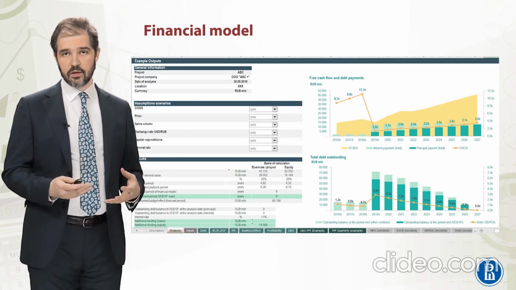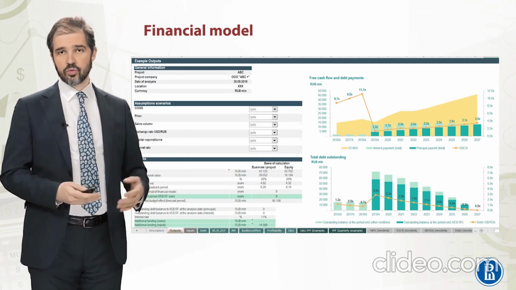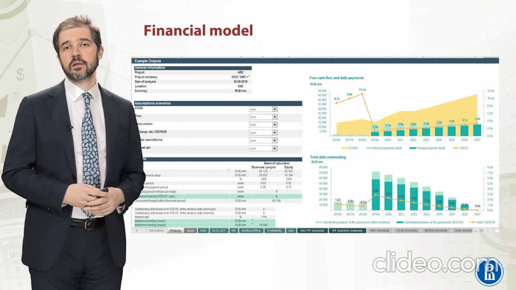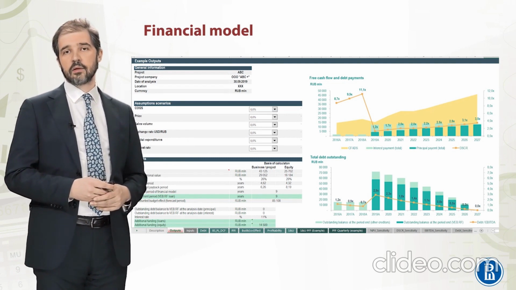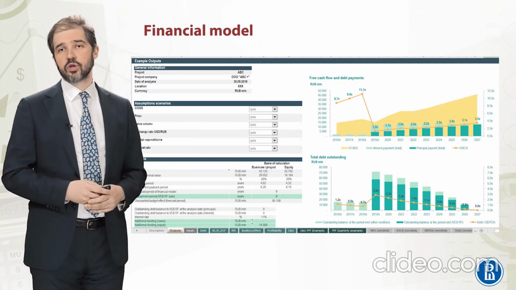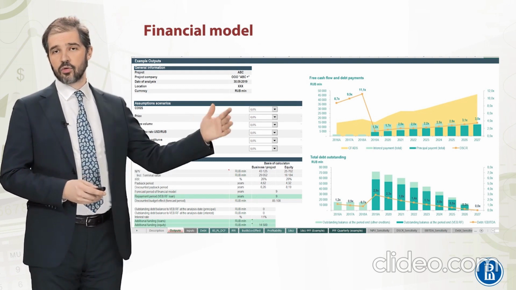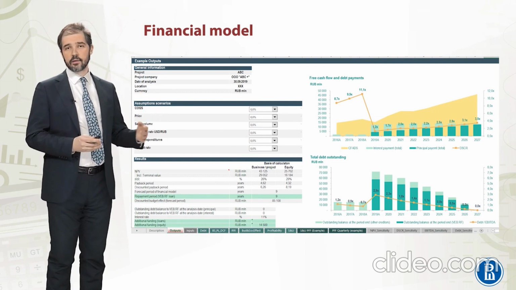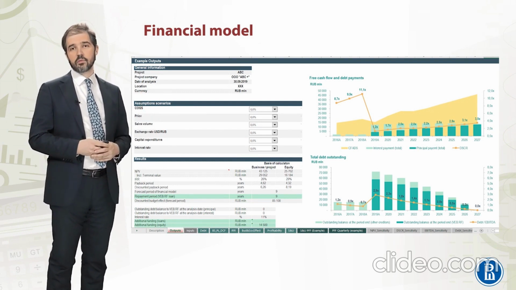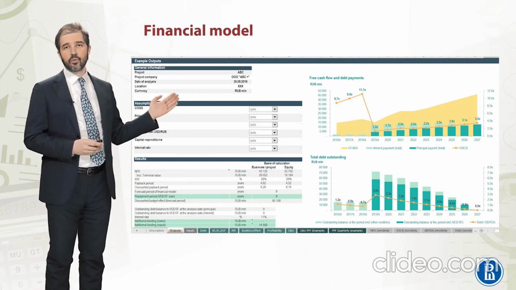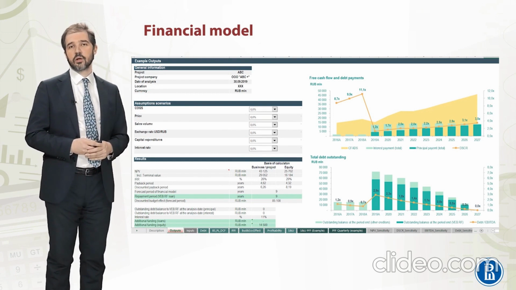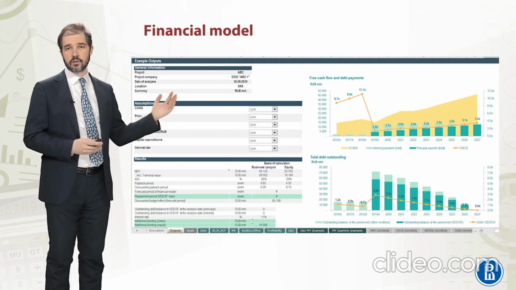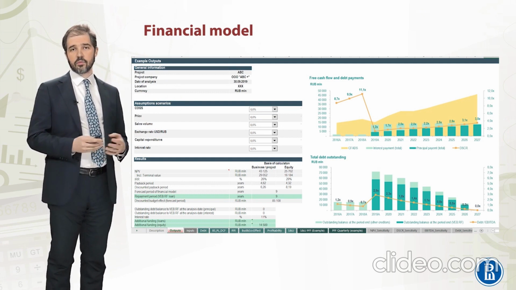What you consider reasonable should be reflected in these buttons to be able to change these scenarios. And then you have a lot of different ratios and forecasts and diagrams or graphs with the major forecasts presented in the graph format.